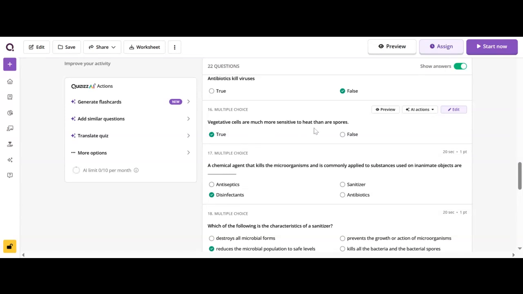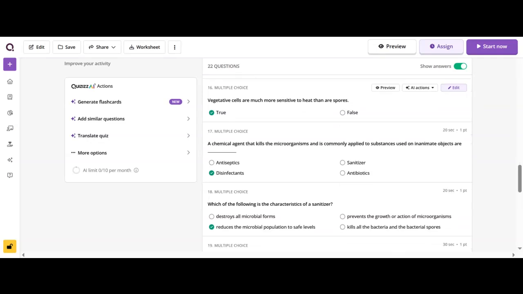Vegetative cells are much more sensitive to heat than spores, which is true. Vegetative cells simply means that they are actively growing, but spores, endospores in bacteria, are not actively growing.